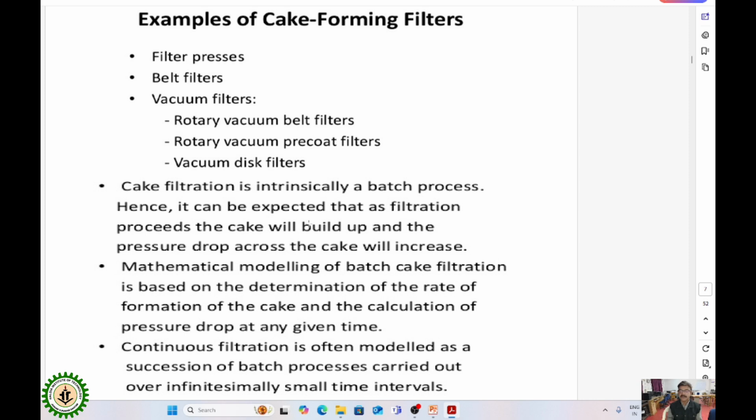So, a few examples of cake filtration are filter press, belt filter, vacuum filter. Vacuum filter means rotary vacuum, belt filter, rotary vacuum pre-coat filter, vacuum disc filter. These are the different designs of the vacuum filters. Cake filtration is intrinsically a batch process, like the plate and frame filter press.